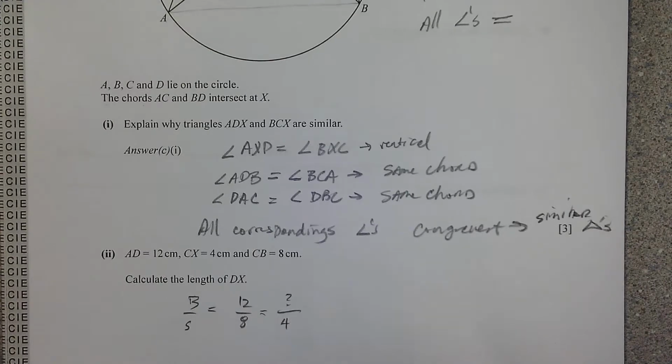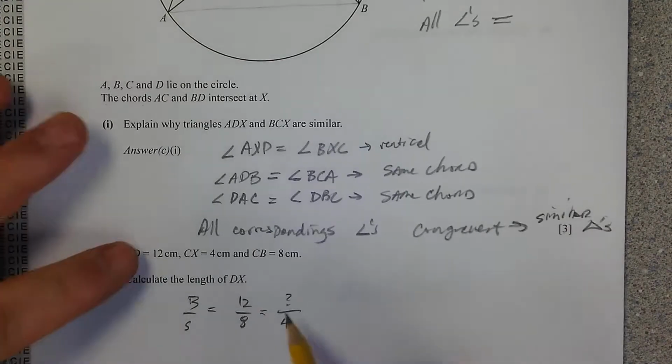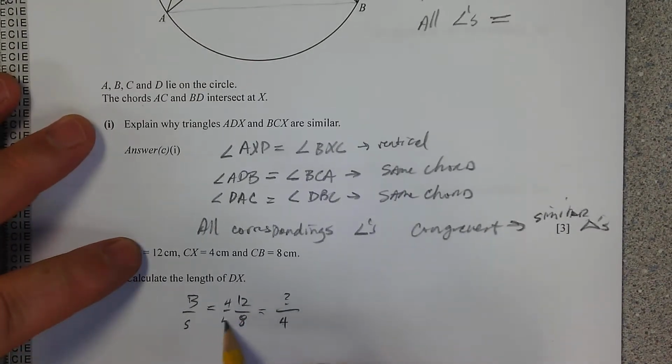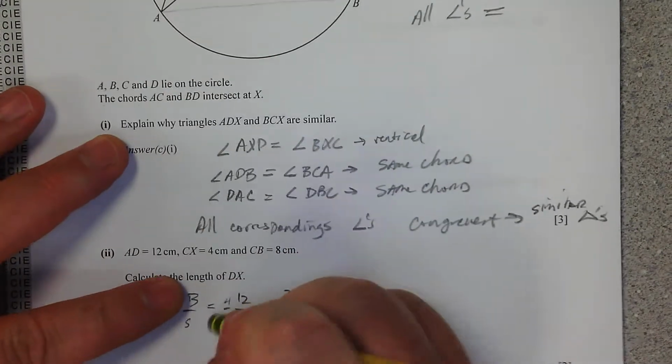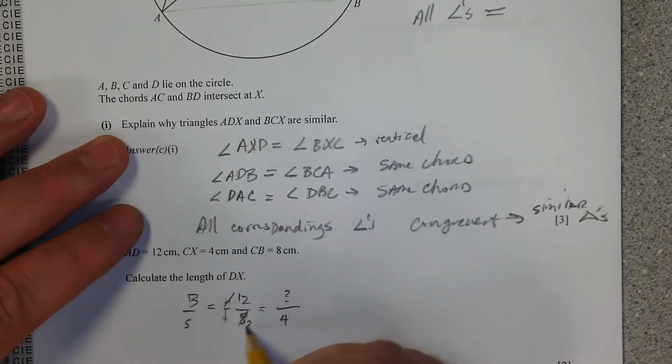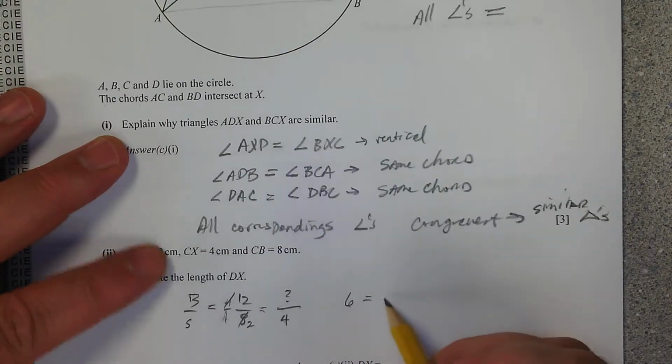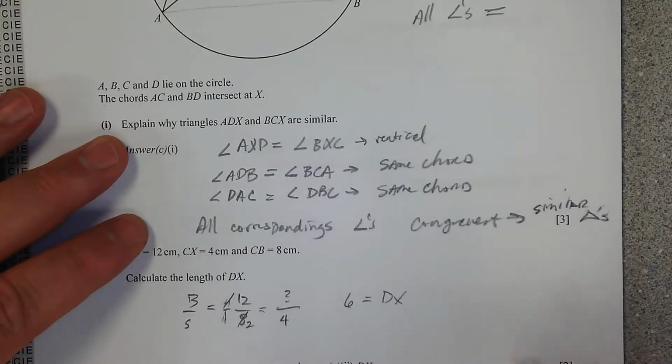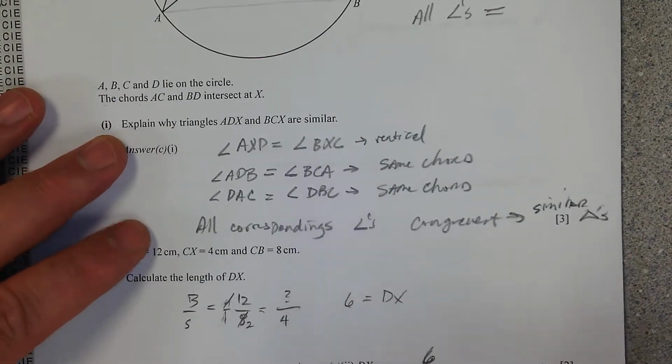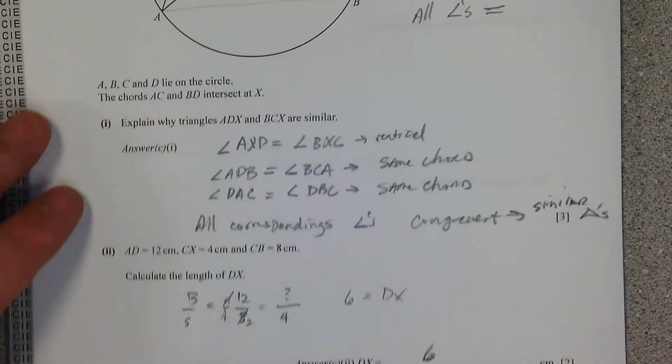Multiply both sides by 4. That reduces, so 6 is equal to DX. All right, that's good. So you just set up your proportion and knock it out, right?